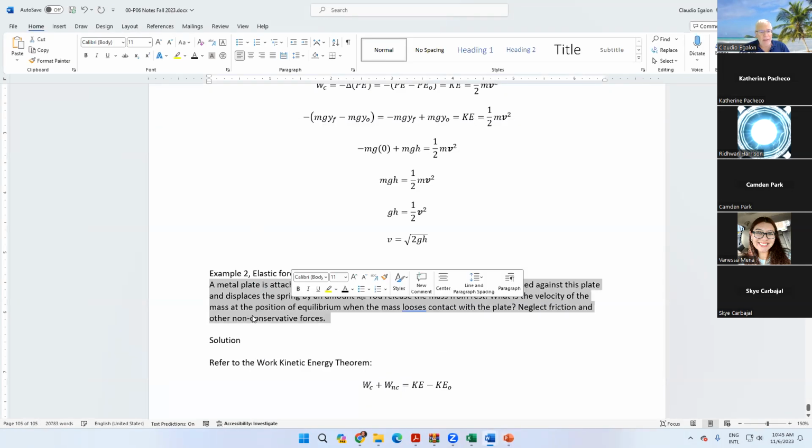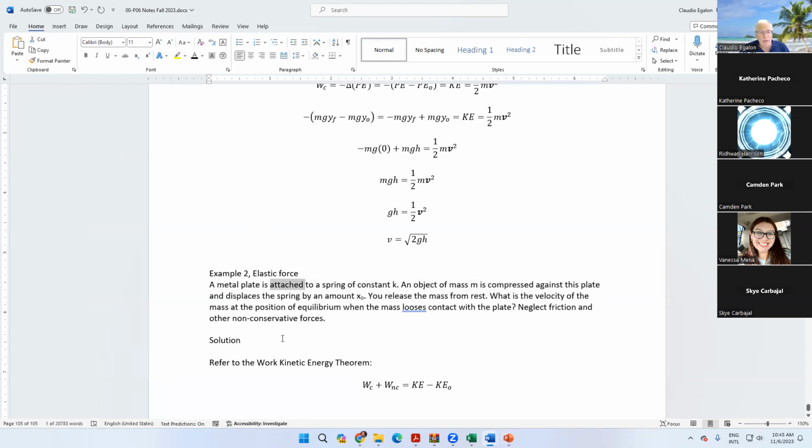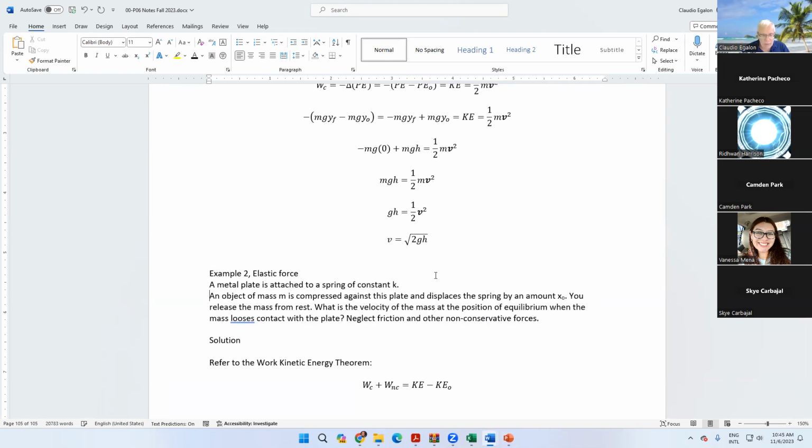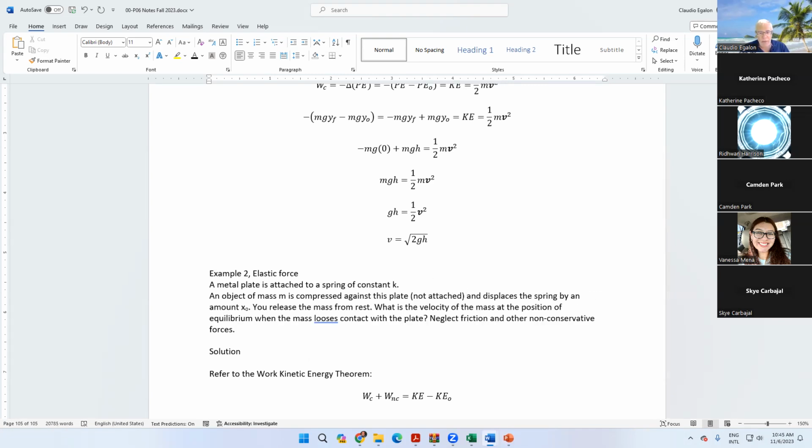So a metal plate is attached to a spring of constant K. An object of mass M is compressed against this plate, and it's not attached. The metal plate is attached, not the mass. And this displaces the spring by an amount x naught. You release the mass from rest.